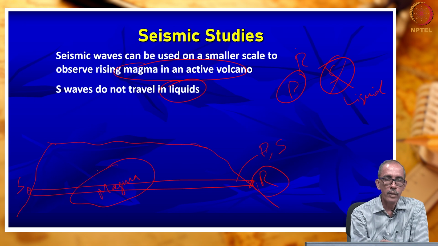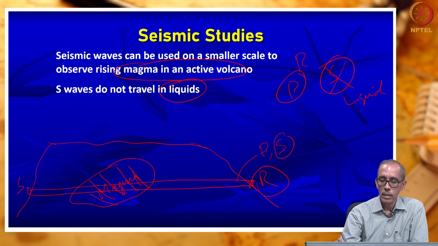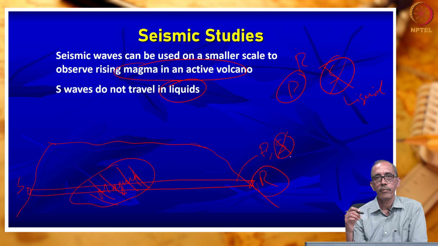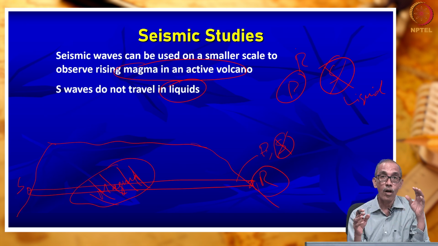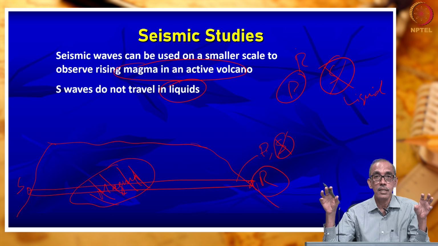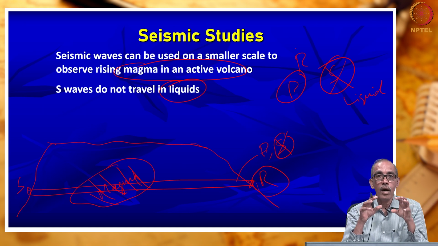When the rocks in between are melting, we will no longer receive secondary waves, isn't it? So, by making measurements of primary and secondary waves, we will be in a position to say whether the rocks between the source and the receiver are intact or melting.